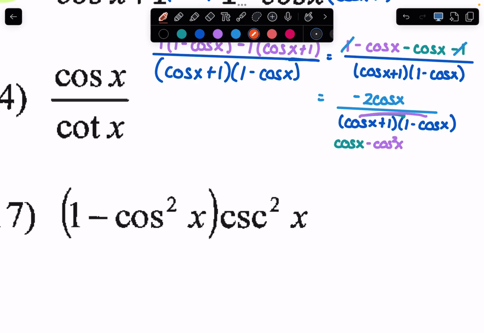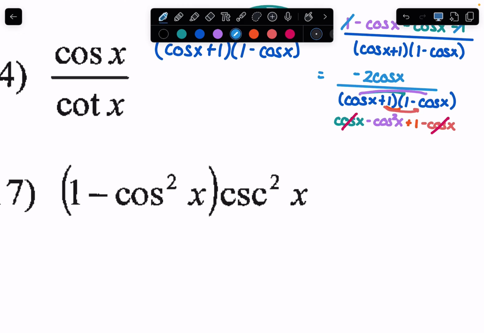We'll do inside plus 1 last minus cosine x. Cosine x minus cosine x is 0. So here's what I have. -2 cosine x over negative cosine squared x plus 1.